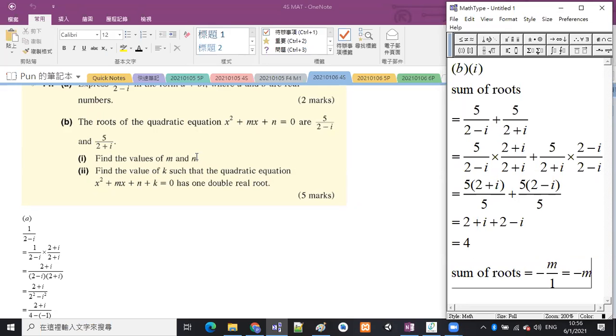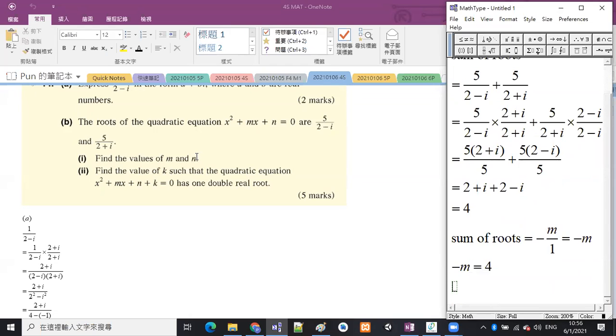On one hand, we have calculated the sum of the roots to be 4. On the other hand, from the formula, the sum of roots is equal to negative m. Therefore, negative m is equal to 4, which means that m is equal to negative 4. Can you get this?